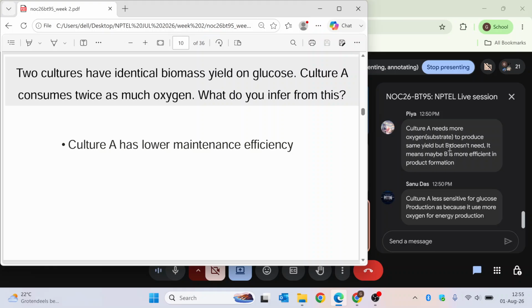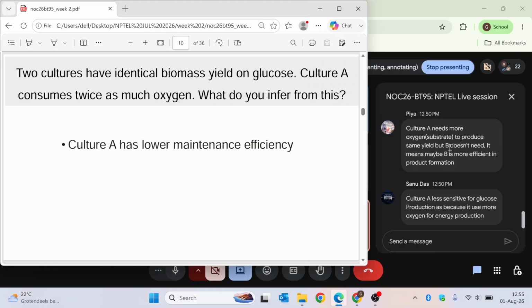That is what I have mentioned here as lower maintenance efficiency. So don't confuse maintenance efficiency and maintenance energy demand. When the maintenance energy demand is high, it somehow means that the maintenance efficiency is very low. Okay, I hope it was clear. If there are doubts, please let me know so that I can repeat.